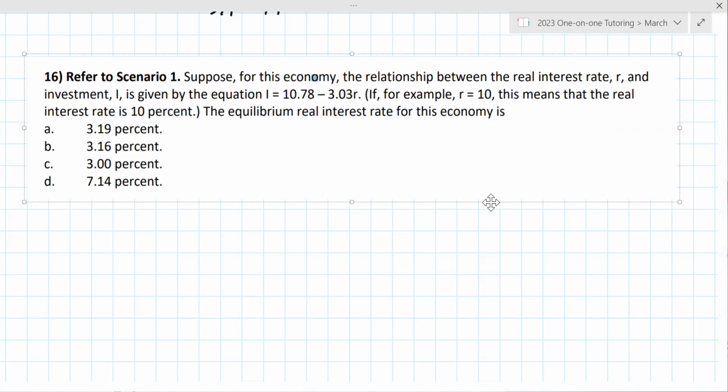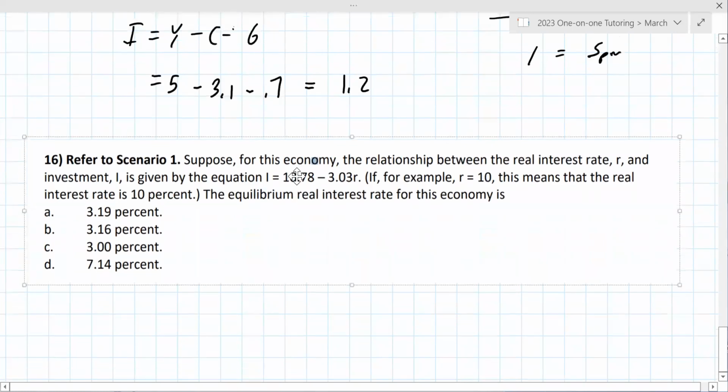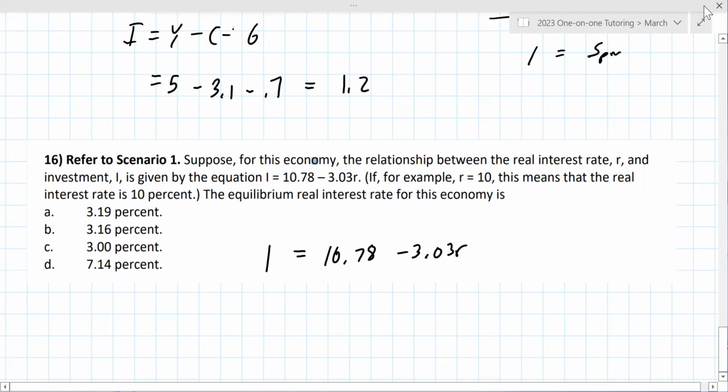The equilibrium interest rate for this economy is... Okay, we know I is national savings. We just found that national savings is equal to 1.1, which equals 10.78 minus 3.03R. That looks pretty good. Let's solve it and see if it actually works.